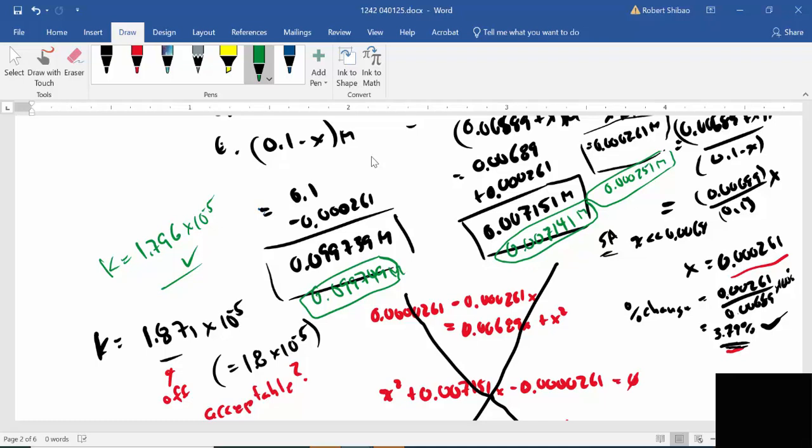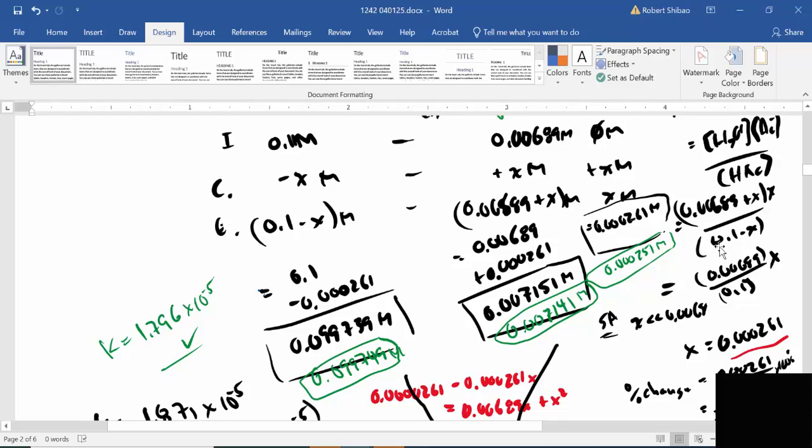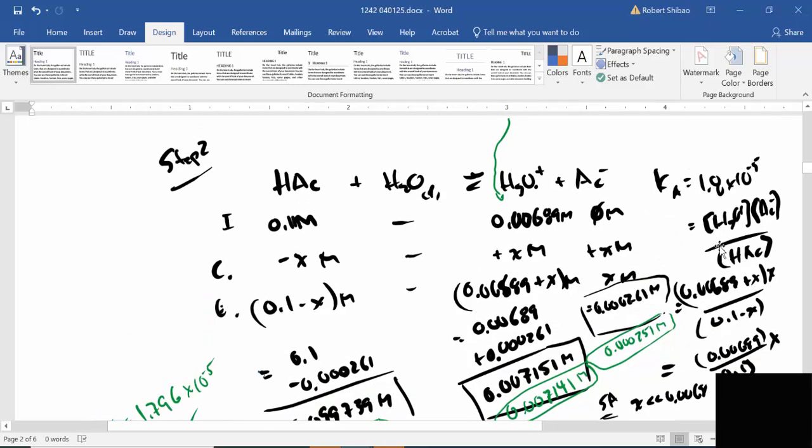So the answer would be yes, because the simplifying assumption was still below 5%, but it was getting high. It was about a 4% change, and so that led to a little bit of error.